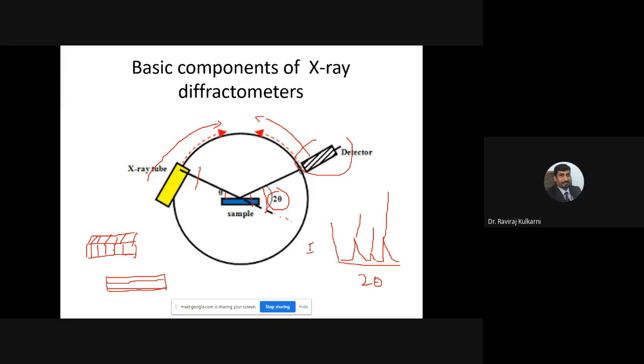I can cut it like this, and I may cut this also like this. Imagine I have drawn like this.